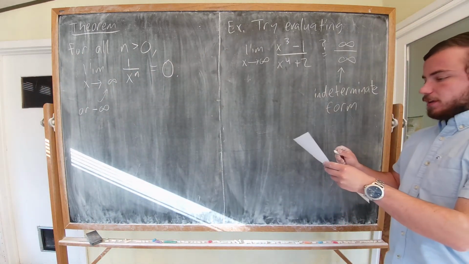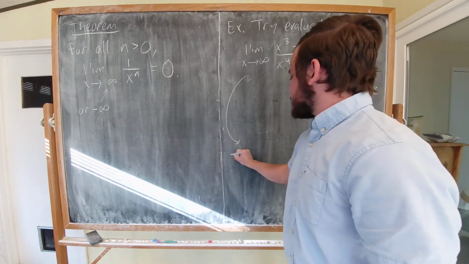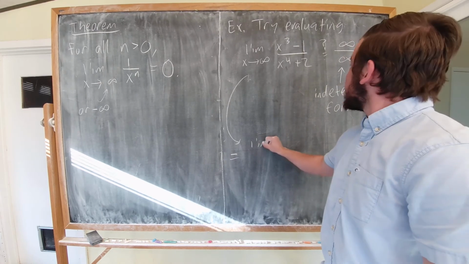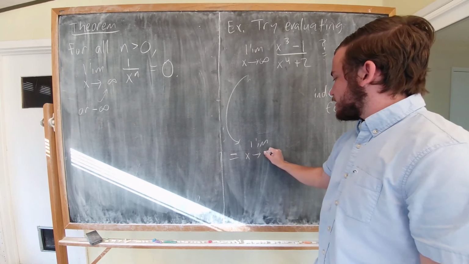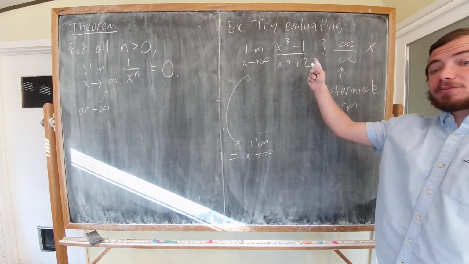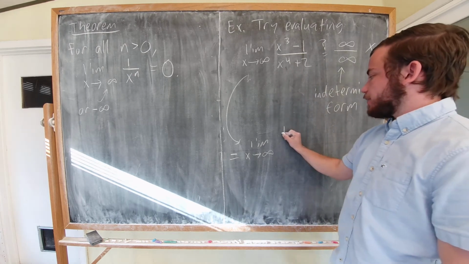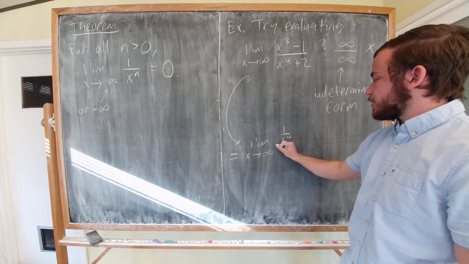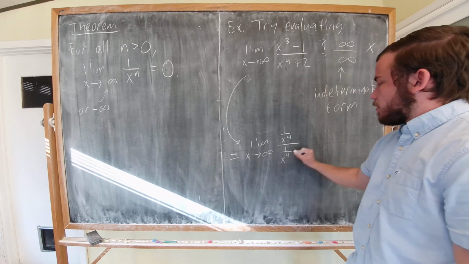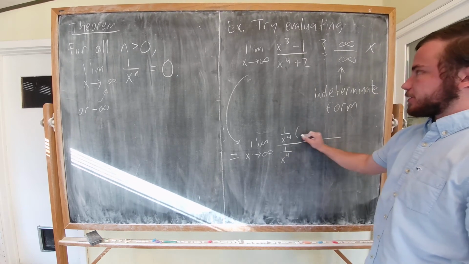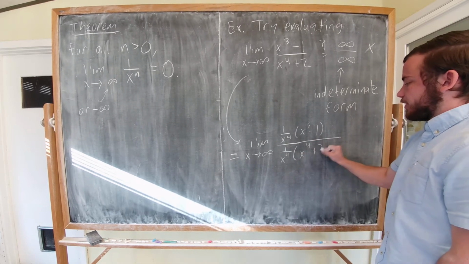Alright, so let's observe. This limit is equal to the limit as x goes to infinity of, I'm going to choose to multiply by 1 divided by the largest power of x on the top and the bottom. Again, another clever choice of 1. 1 over x to the 4th divided by 1 over x to the 4th times x cubed minus 1 over x to the 4th plus 2.